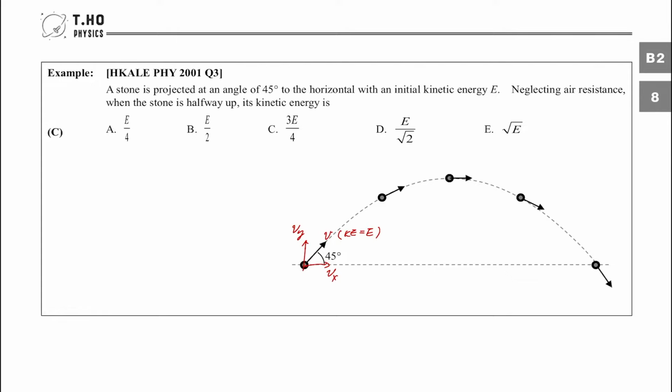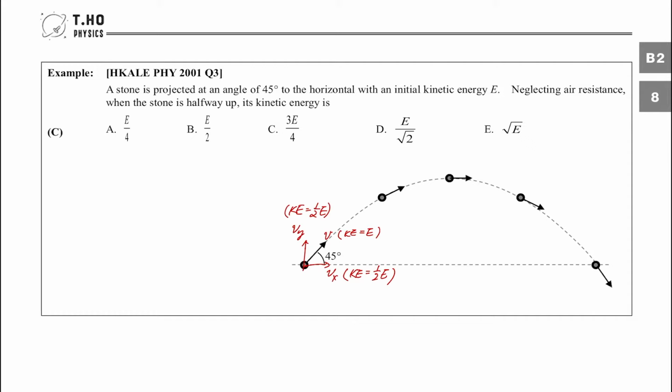Note that because 45 degrees is midway between the horizontal and vertical. Midway, that means in the middle. So the horizontal component of the motion would have half the KE, and the vertical part of the motion would have half the KE.